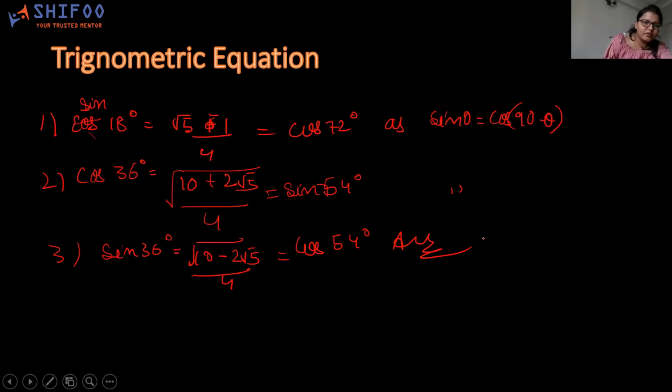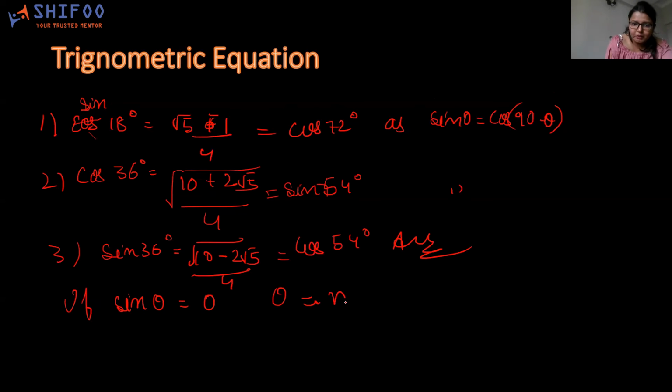Okay, so these are a few trigonometric values. Now we can move on to the trigonometric equations, which say if sine theta is equal to 0, then the value of theta will be what? n pi, where n is an integer.